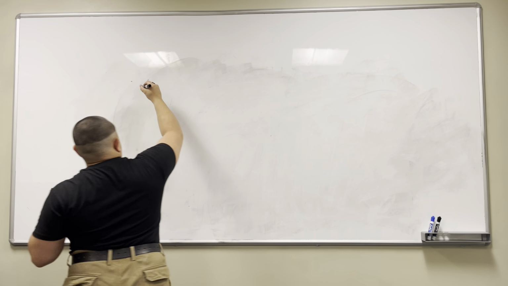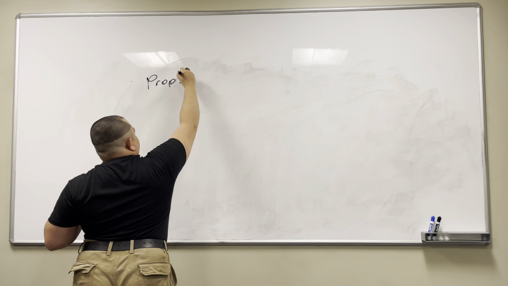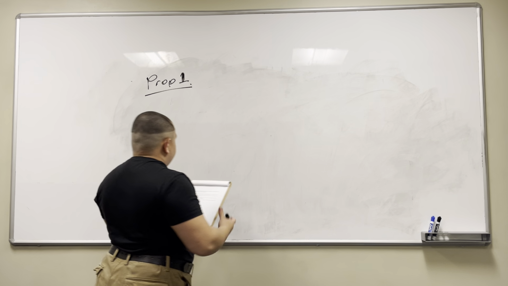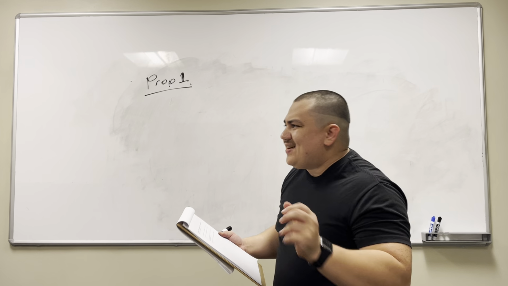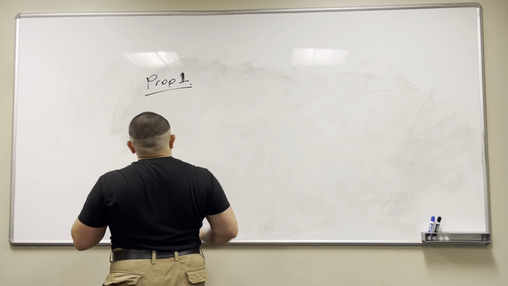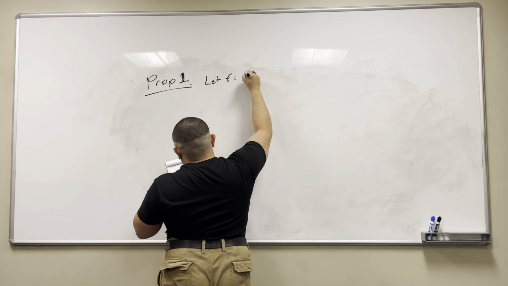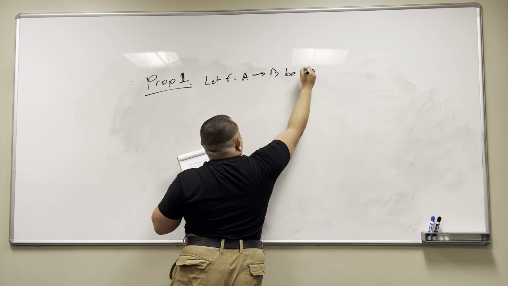So, proposition 1, which I'll call prop 1. Ready, action, you know, it's a prop. Okay, so let's characterize injections, surjections, bijections via inverses. Let's suppose that f is a map from A to B. Let's let that be a function.